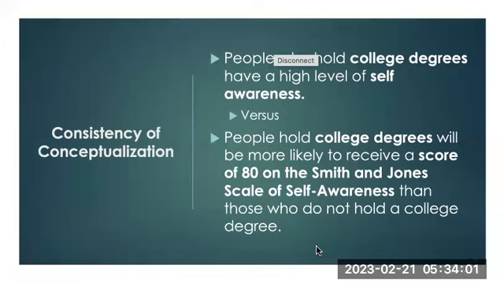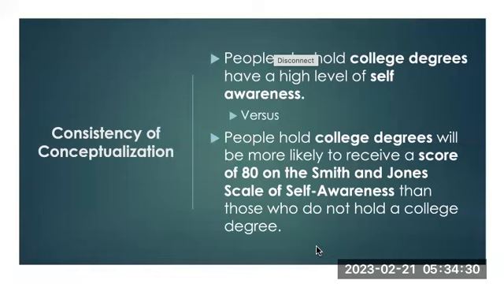So consistency of conceptualization, what does it mean? For example, the example here says people who hold college degrees have a high level of self-awareness, versus the second statement that says people who hold college degrees will be more likely to receive a score of 80 on the Smith and Jones scale of self-awareness than those who do not hold a college degree.